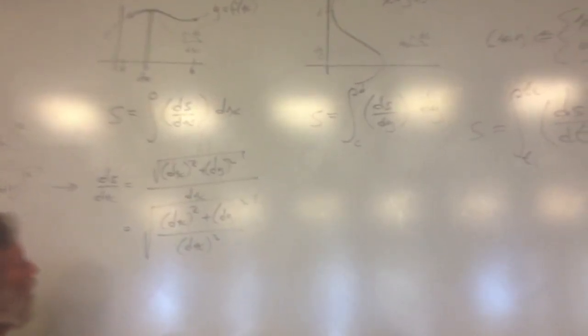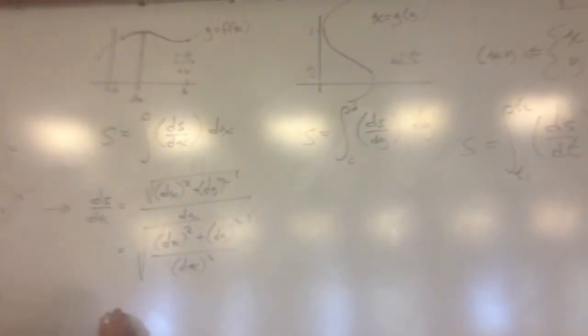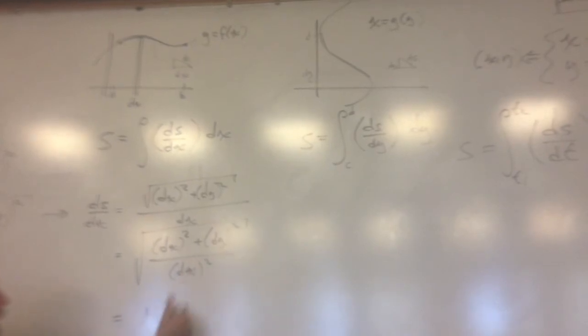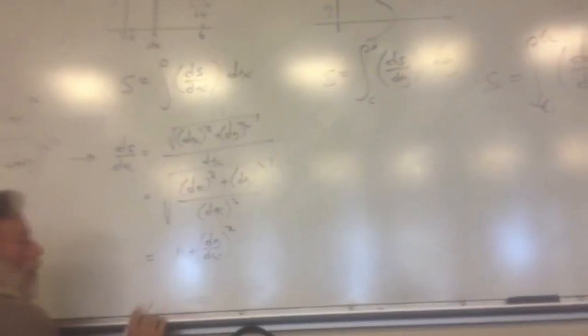And then just simplify it. dx squared over dx squared is 1. And dy squared over dx squared is dy dx squared. And that's all in the root.